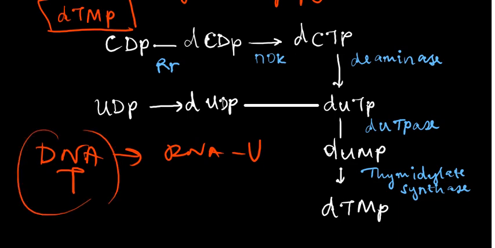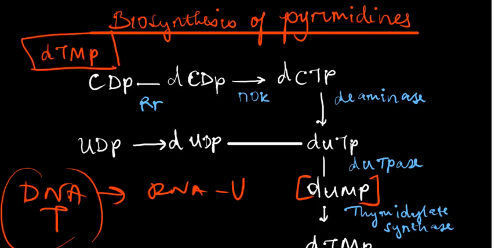So this deoxythymidine monophosphate is synthesized by the methylation of dUMP, which is this. When dUMP is methylated through thymidylate synthetase, it's converted to dTMP.